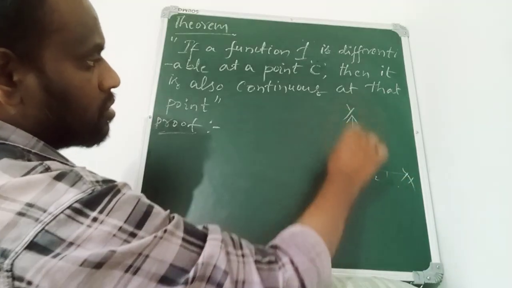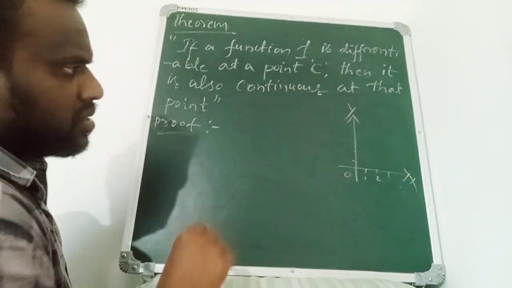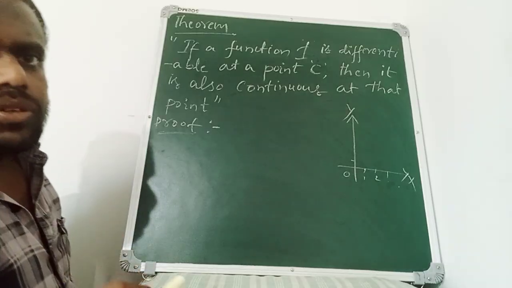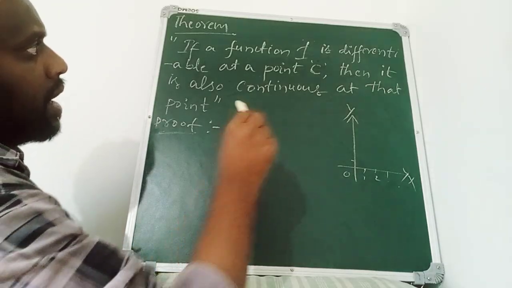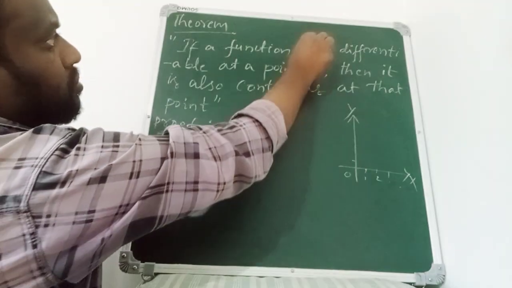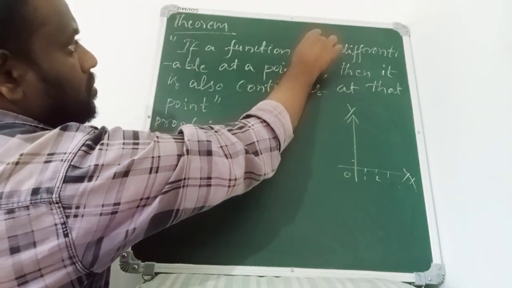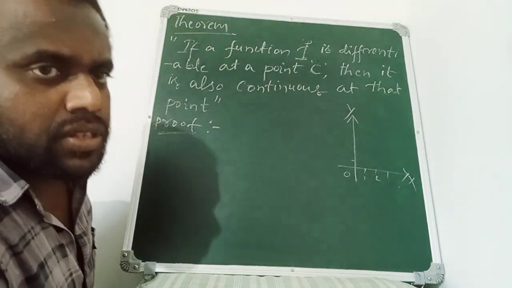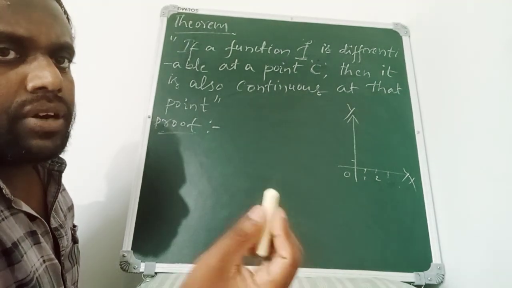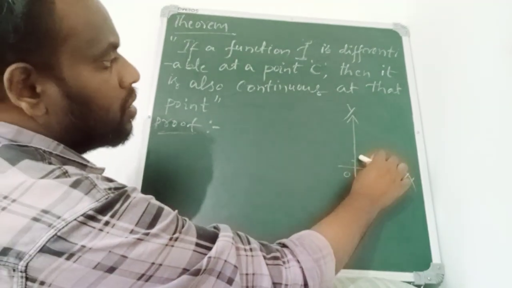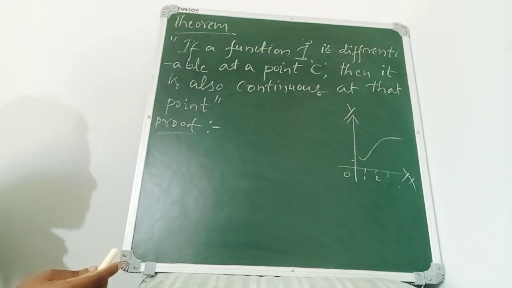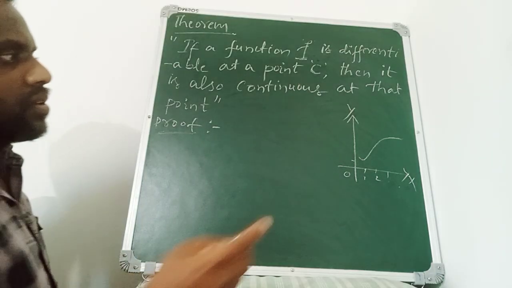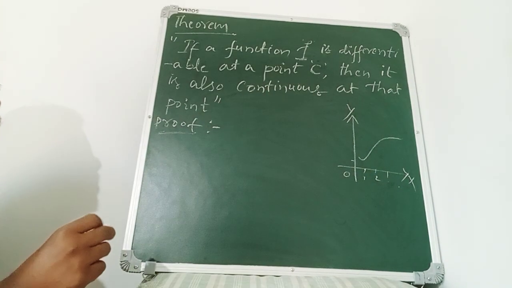Here also some values will be there. They are telling some function f. In general, I will take a function in general, for example, the function is like this. This is the function.